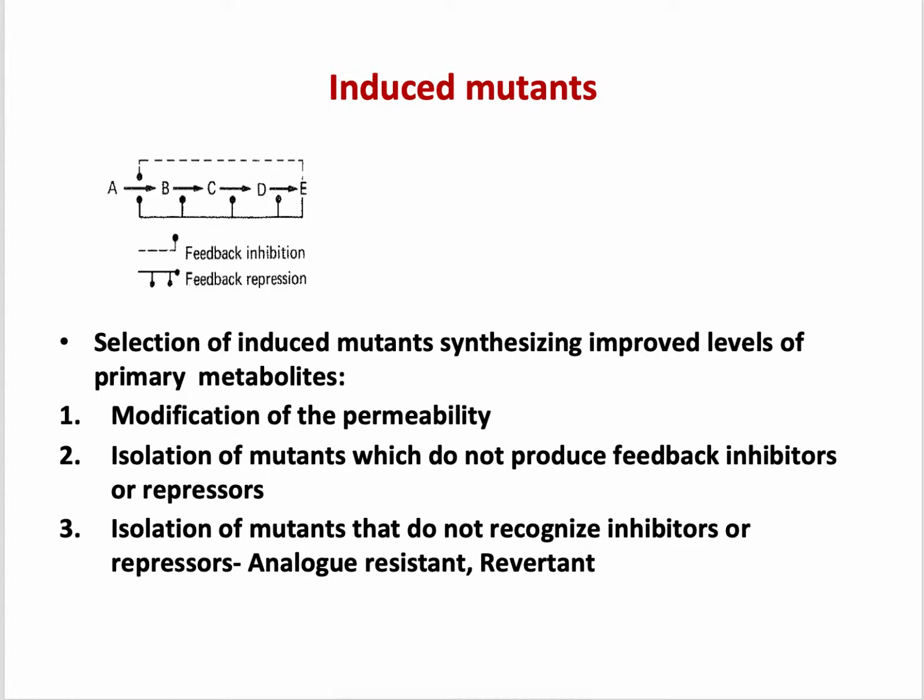What does this best strain mean? These strains will have our desired characteristics, such as producing more metabolites, increased permeability, and not producing feedback inhibitors or repressors, or not recognizing inhibitors or repressors.